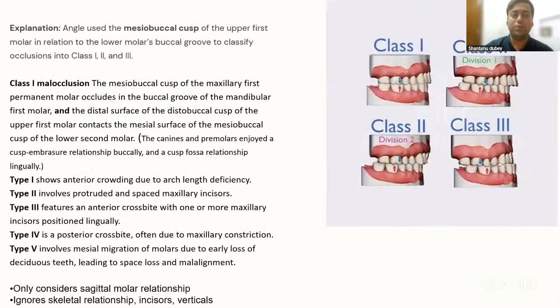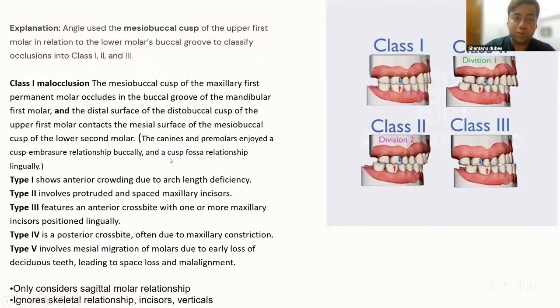But I just want you to remember a few things around the option. Whenever we define Class 1 malocclusion, Angle said that the mesiobuccal cusp of the maxillary first permanent molar occludes with the buccal groove of the mandibular molar, right?